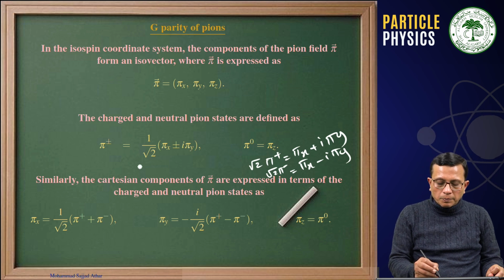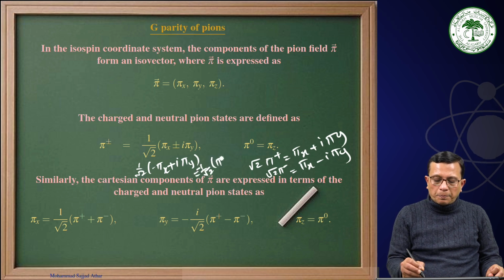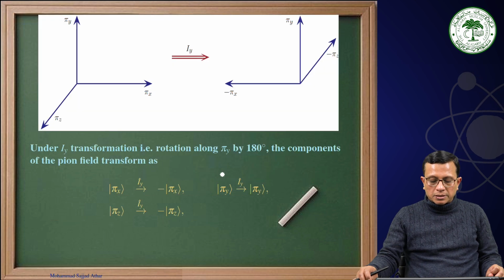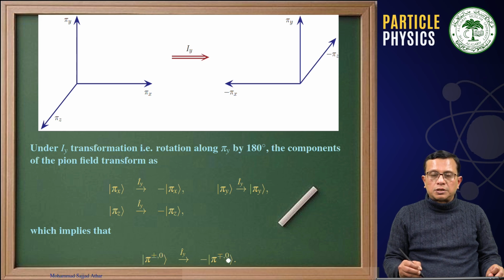Therefore, this becomes minus pi x, this is i pi y, and that means this is equal to 1 by root 2; if I take the minus sign common, this will be (pi x minus i pi y). And when this is (pi x minus i pi y) by root 2, this is nothing but pi minus. Therefore, this is minus pi minus. That is what we have written here: pi plus, minus, 0 goes to minus pi minus, plus, 0 under isotopic spin rotation.